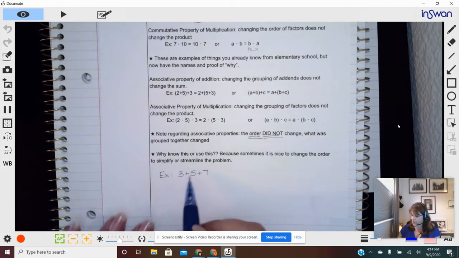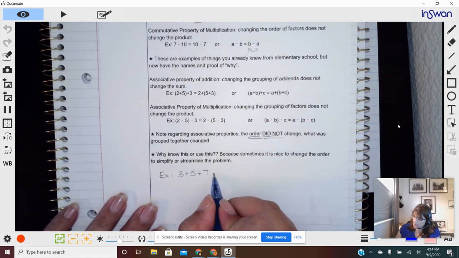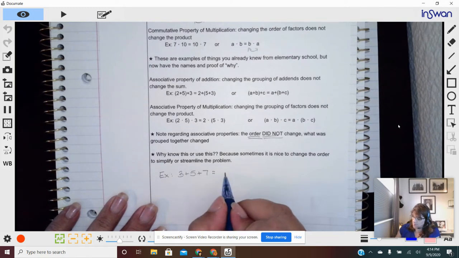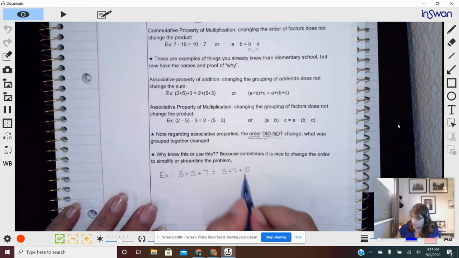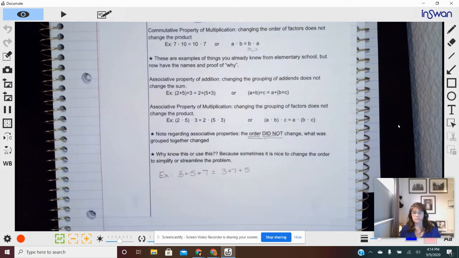Well, I know that 3 and 7 make a 10. So I could change that because of commutative property. It's the same as 3 plus 7 plus 5. And now I just have 10 plus 5. That could be really helpful.